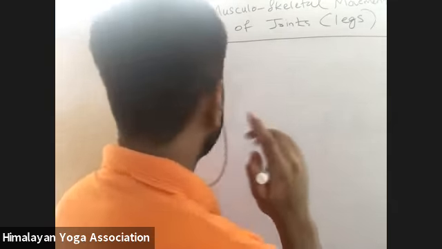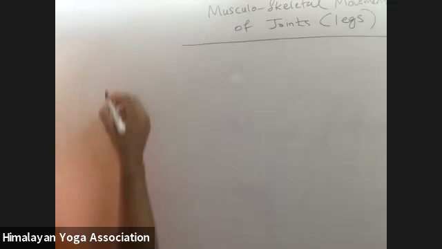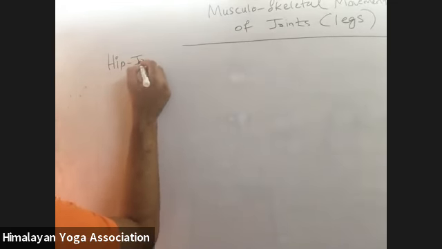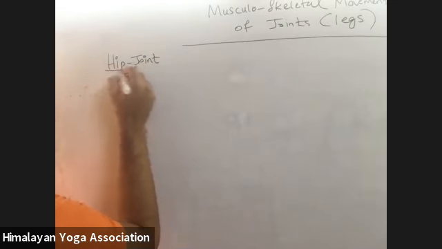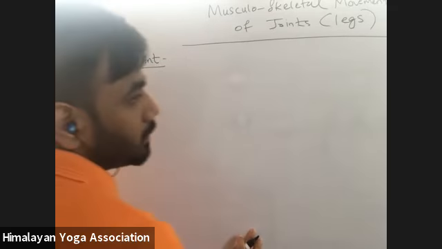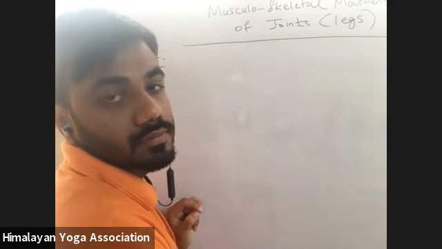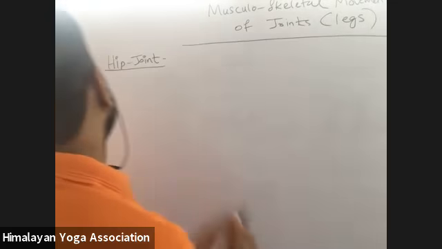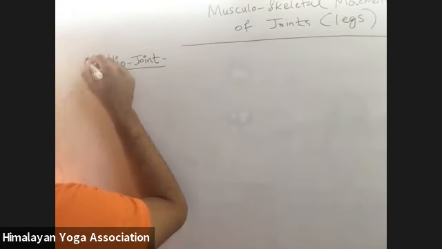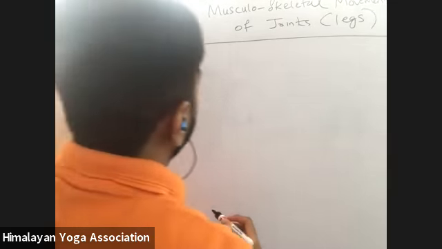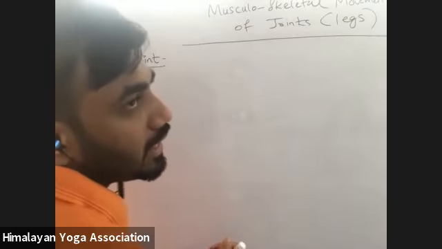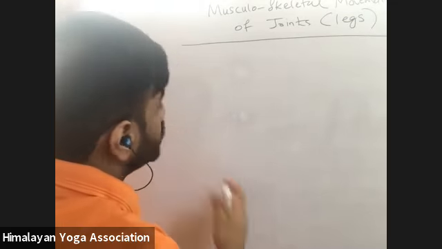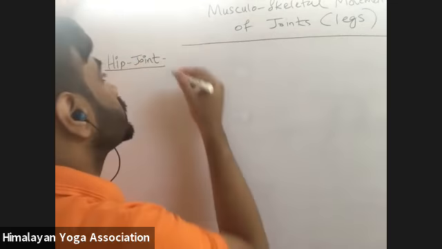Now we have the hip bone joint. The hip bone joint is an example of which type of synovial joint? First, tell me this, if you remember.